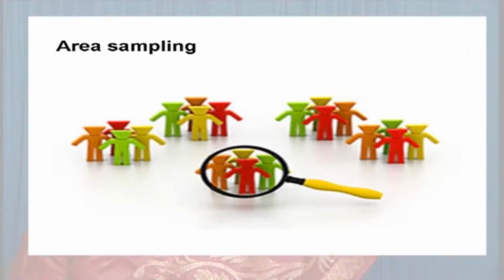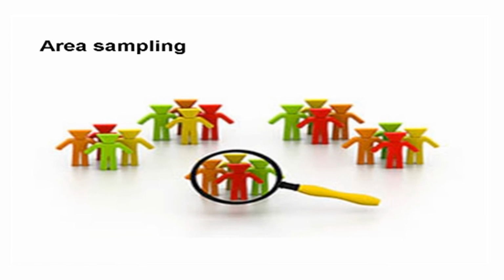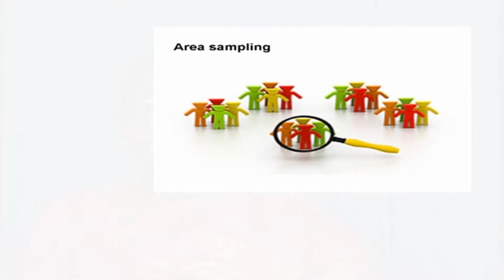From the smallest cluster identified, all the households are included, or if the size is huge, then 10% or 50% of it will be selected for data collection. This method could be adopted only in situations where geographic divisions are available. The major drawback in this method is that the sample could be highly homogeneous.